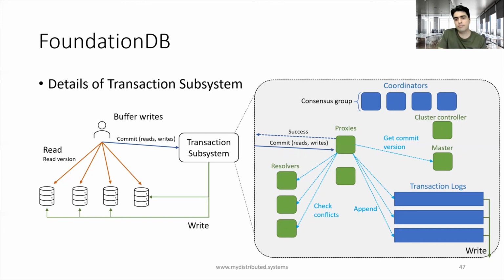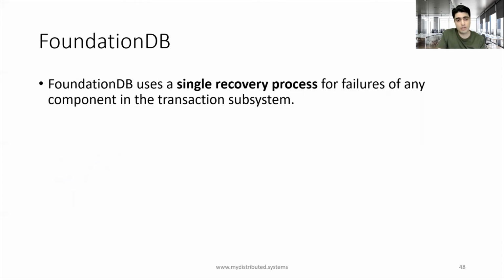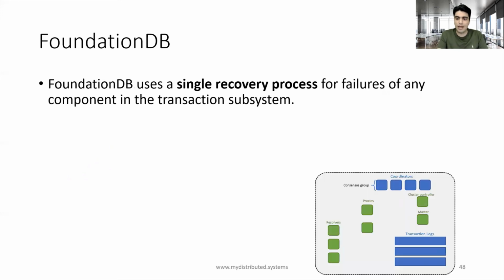What about the failure? FoundationDB uses a single recovery process for failures of any component in the transaction subsystem, right? So we have different components: coordinator, cluster controller, master, transaction logs, proxies, and resolvers, right? The master always monitors the health of all of these components, and whenever any of them fails, the master terminates itself.